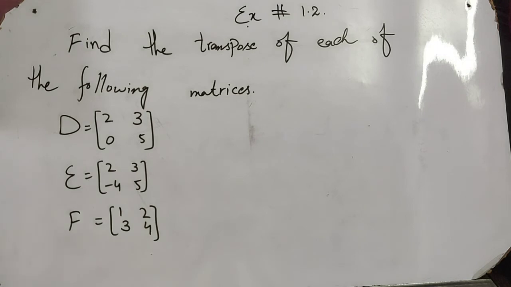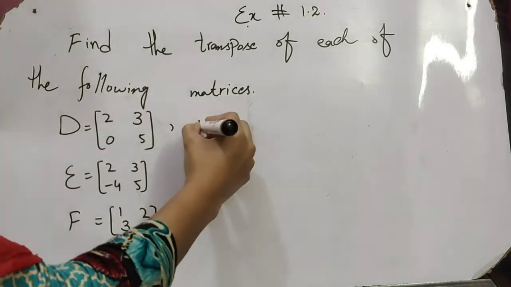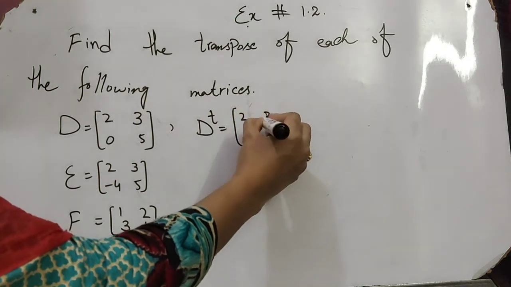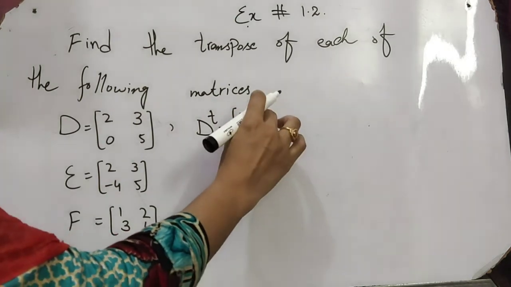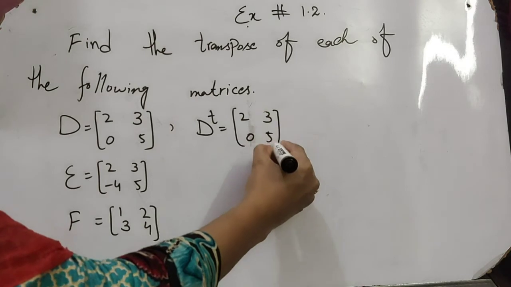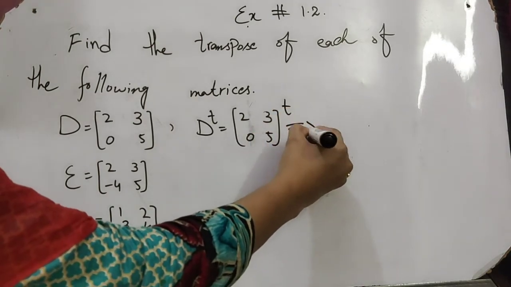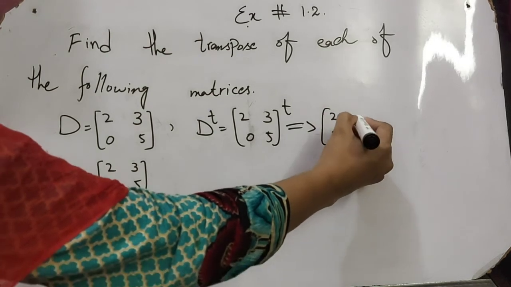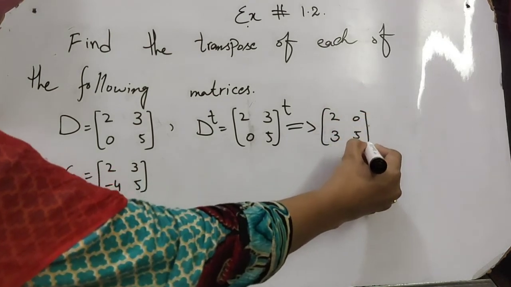Now if D is this, then D transpose will be equal to 2, 3, 0 and 5.